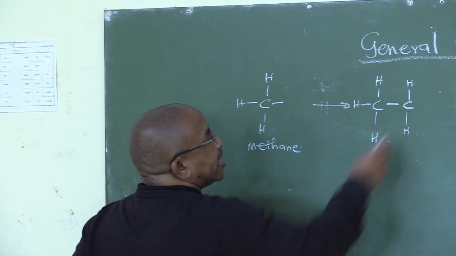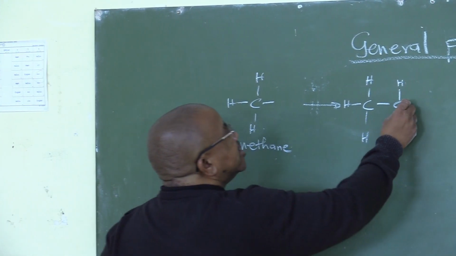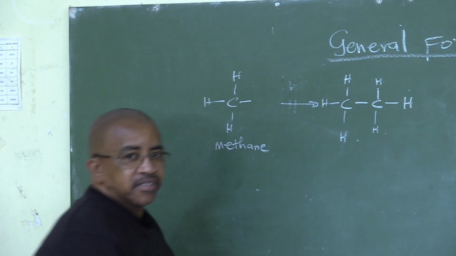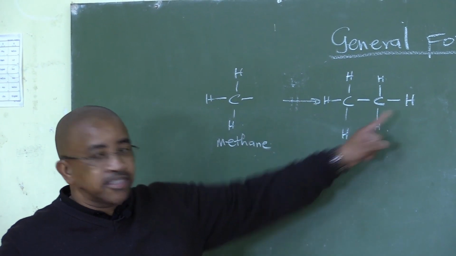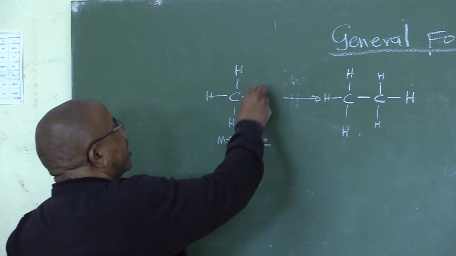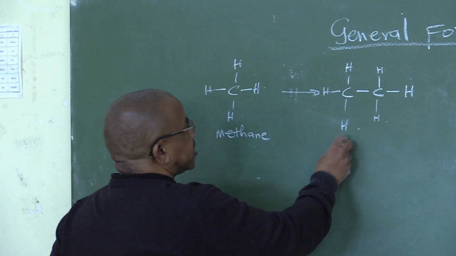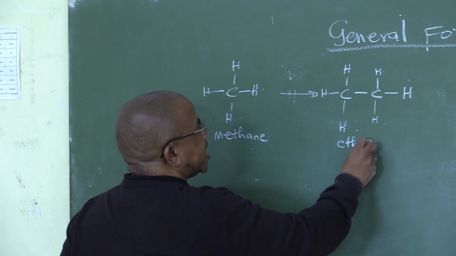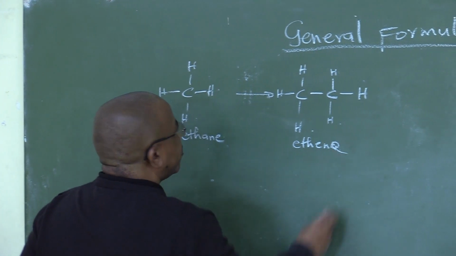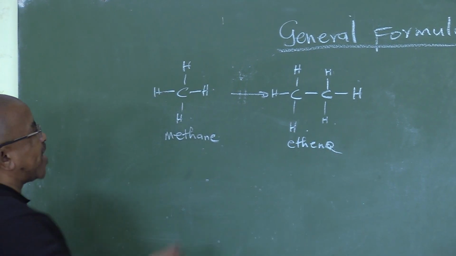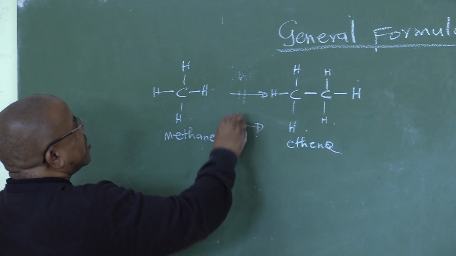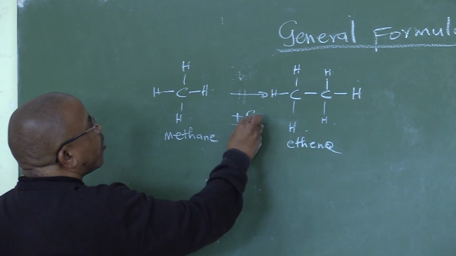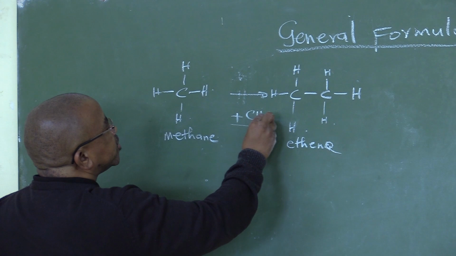Then I return that hydrogen that was here. I return it to that side. Okay, that brings me to ethane, which means what I've added, I added carbon with 2 hydrogen.